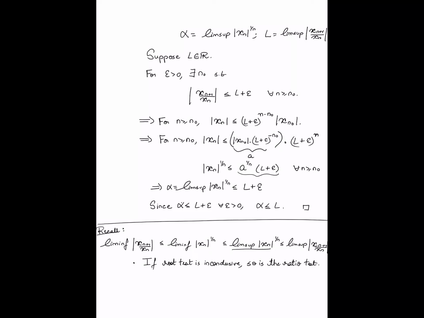To show that this is in some sense strictly true, you need to basically come up with an example where the root test is conclusive but the ratio test is inconclusive. So, we'll give an example of this sort very shortly. But if you think about it, what do you want to happen? Well, you want this fellow alpha to be either more than 1 or less than 1. So suppose you want alpha to be less than 1.